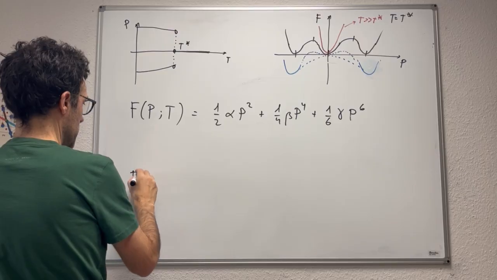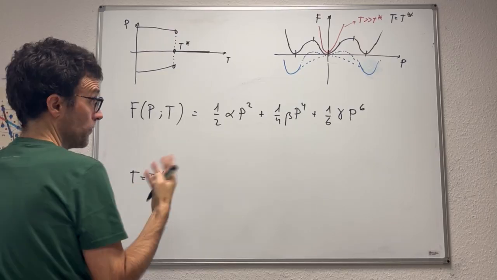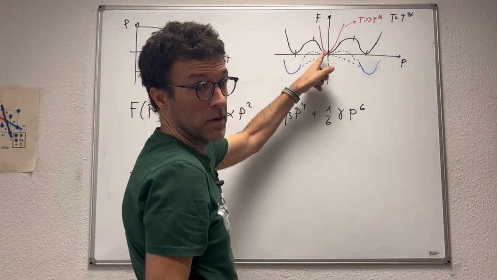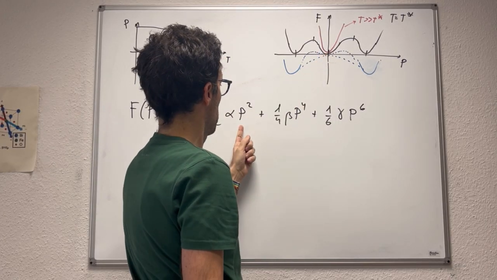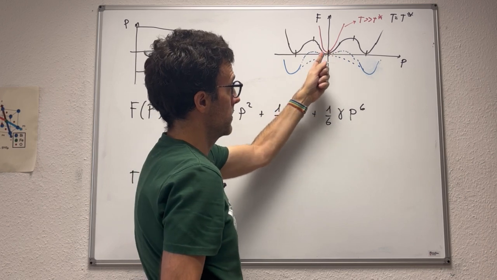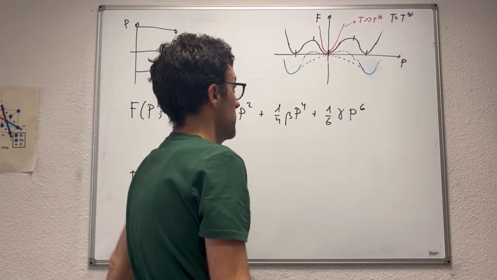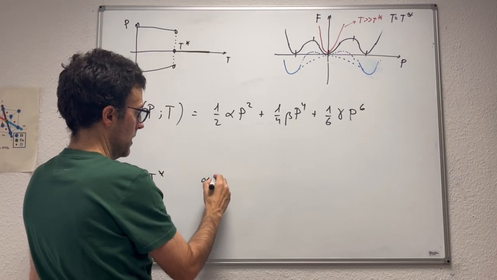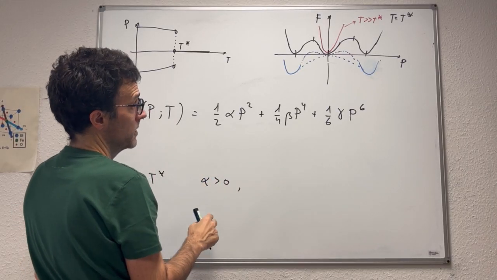Well, if we are at T equal T star, we have certain conditions for these coefficients, right? Around P equal to 0, alpha defines the curvature of the free energy there, and we need to be in a minimum. So we know that for T equal to T star, alpha has to be positive.